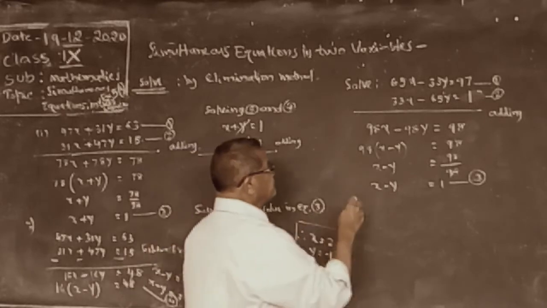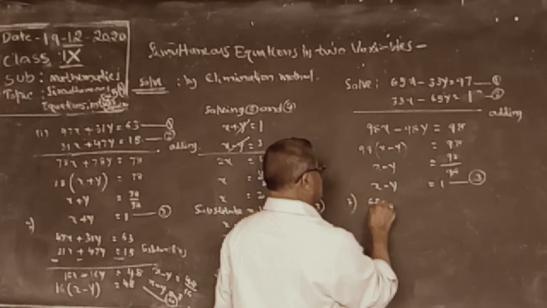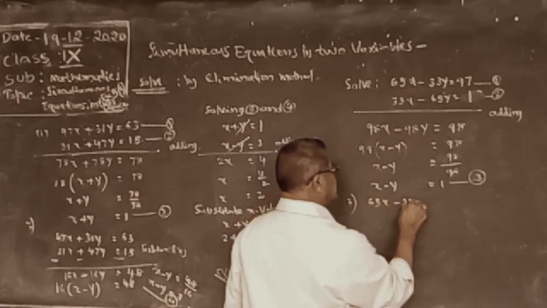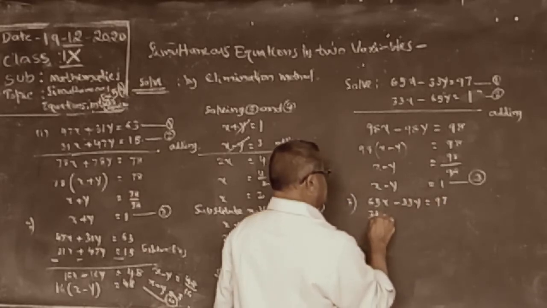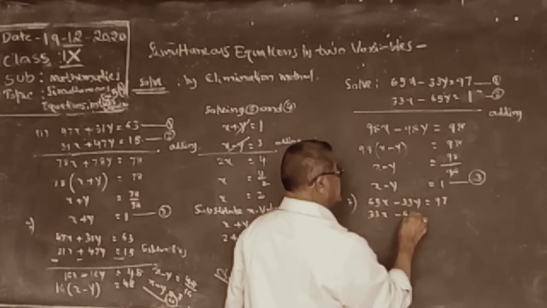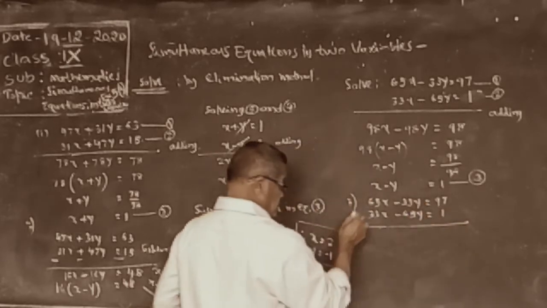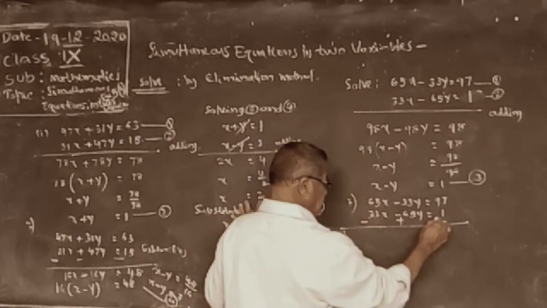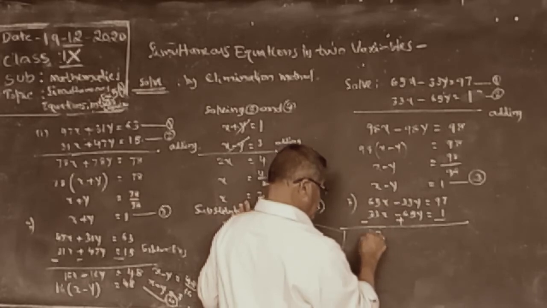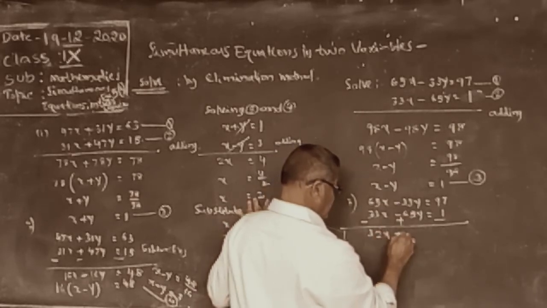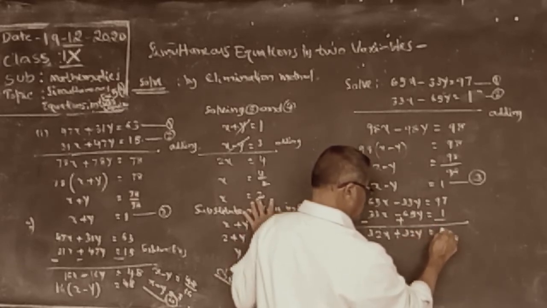In subtraction, second time, subtract. 65x minus 33y is equal to 97. 33x minus 65y is equal to 1. Minus plus minus: 32x plus 32y is equal to 96.